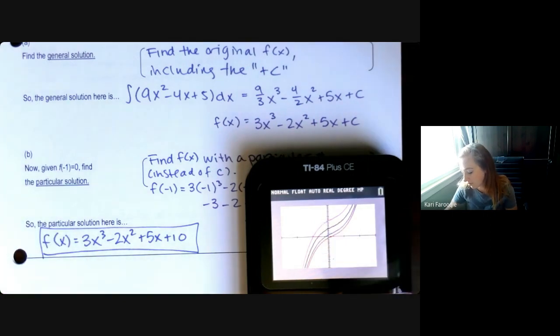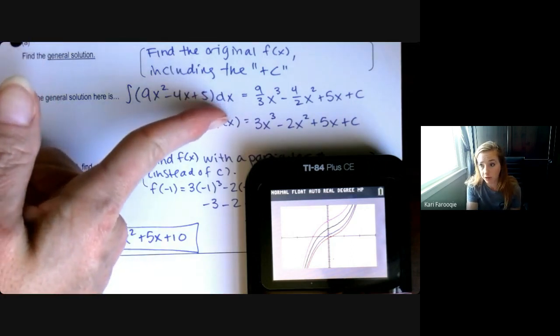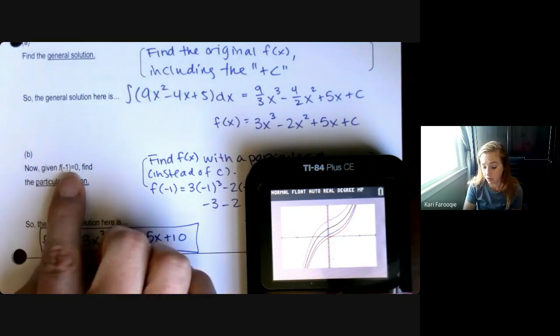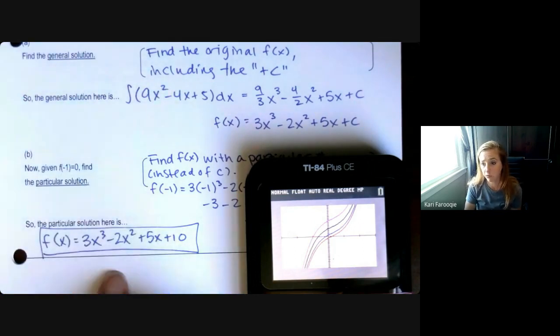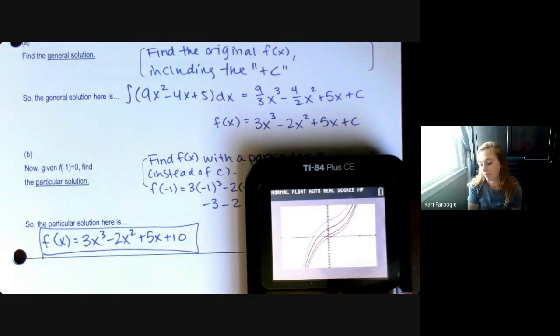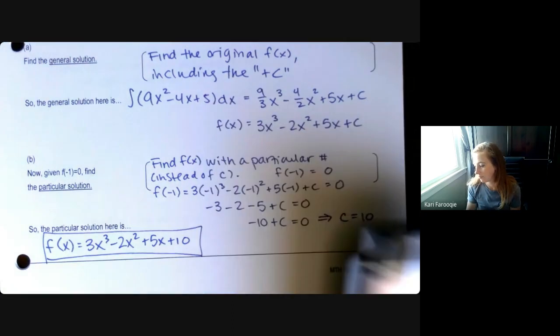It contains both of those values. But the whole idea here is this just gives you a family of curves, this general solution, and you're using a particular solution to narrow in on which actual curve is your solution. And it's this pink one, your particular solution.